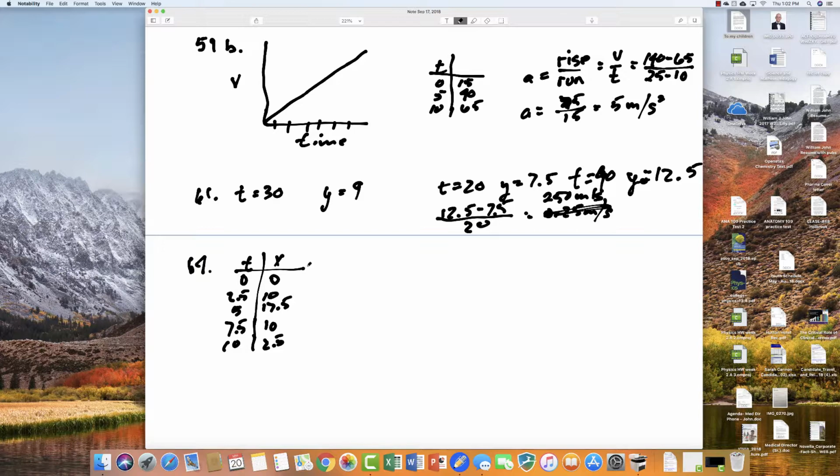You could use, say, 17.5 minus 0 over 10, or excuse me, over 5, and you would get 3.7 meters per second. That assumes that it's fairly close to a straight line, and that's about the best you can do.